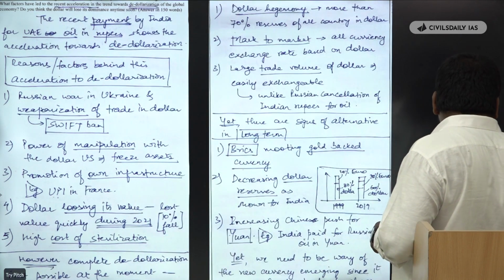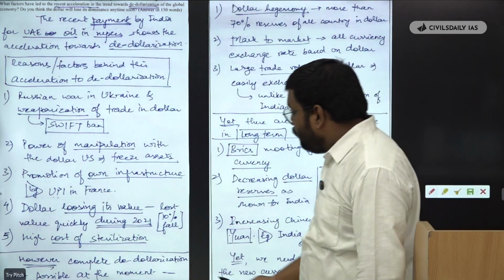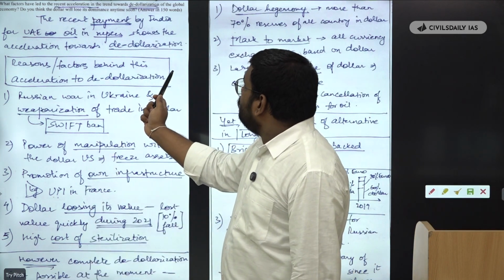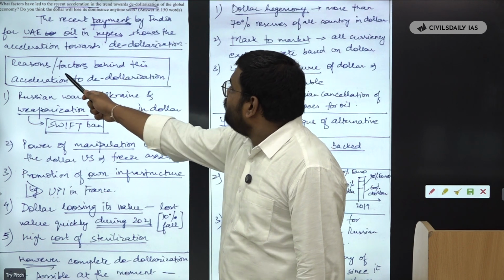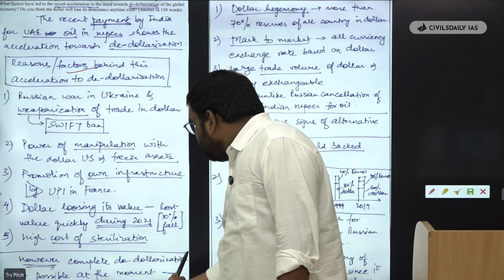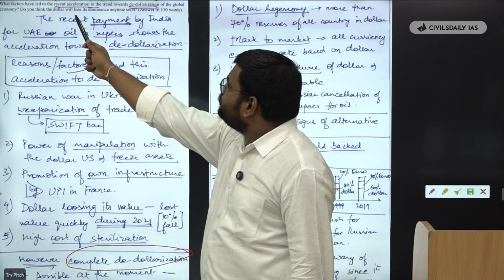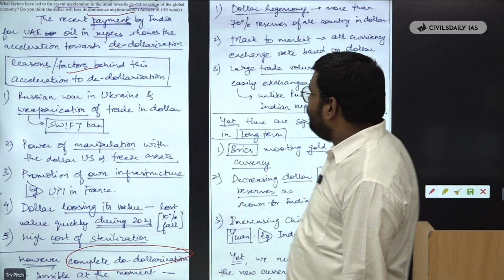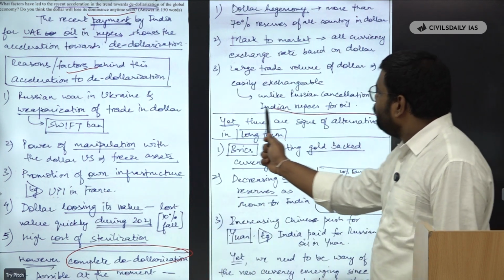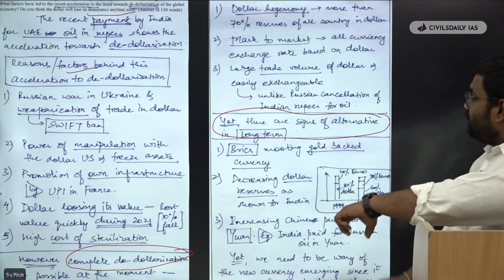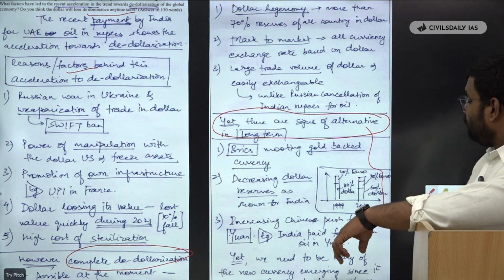So when they say 'do you think', the first part is the factors, these are the factors, but complete de-dollarization is not possible. That is the argument against, then the argument in favor. Okay, there are signs of de-dollarization and these are the signs of de-dollarization.